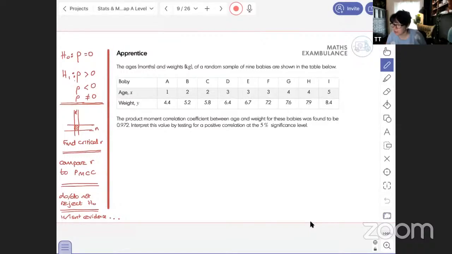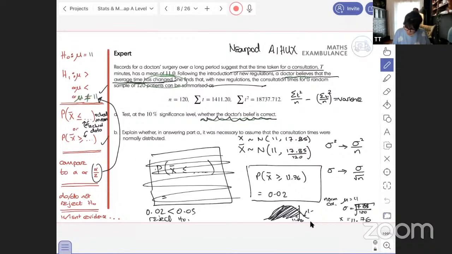Do reject. Sarah, do reject. Because tiny probability means, this number that comes out here, the thing that you find at this stage, what that means is how weird. Think of it as how weird. This is how weird is it?